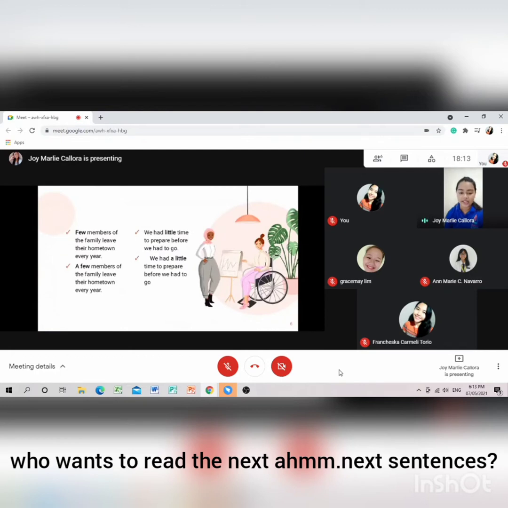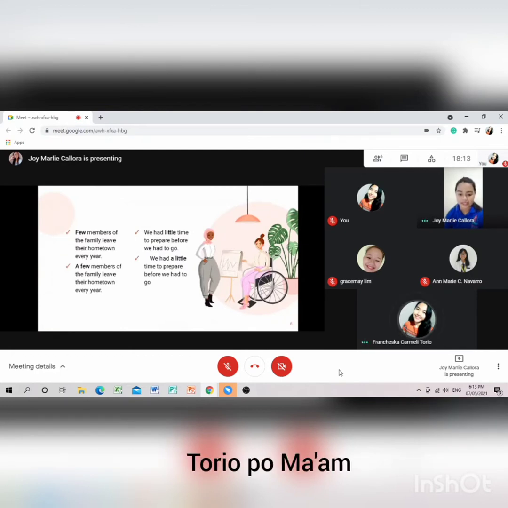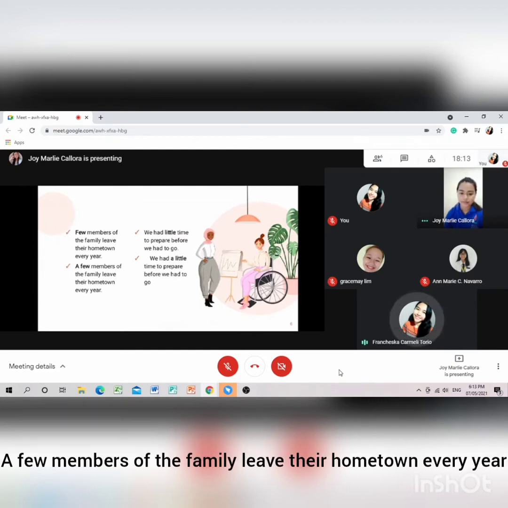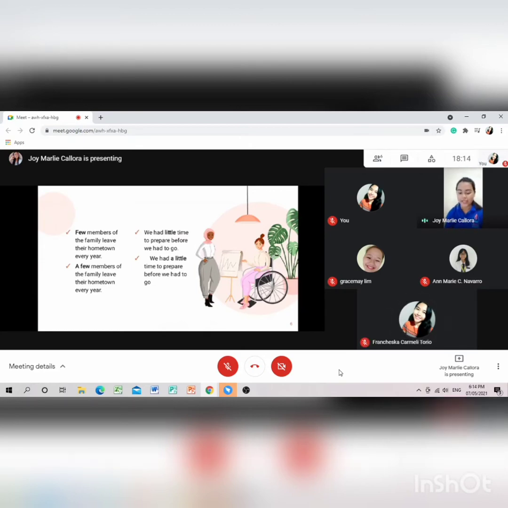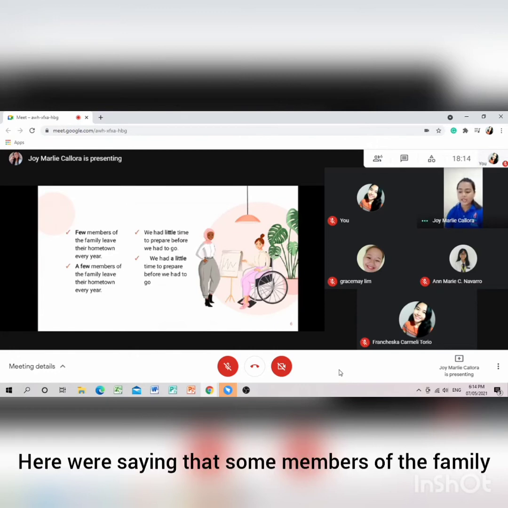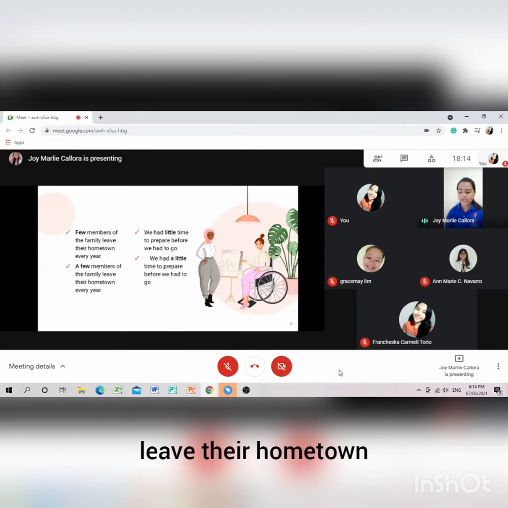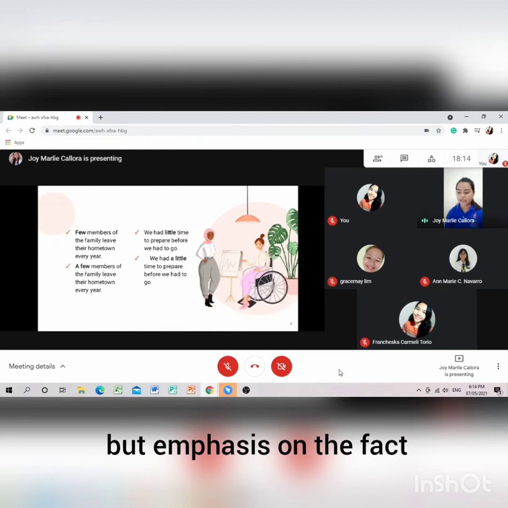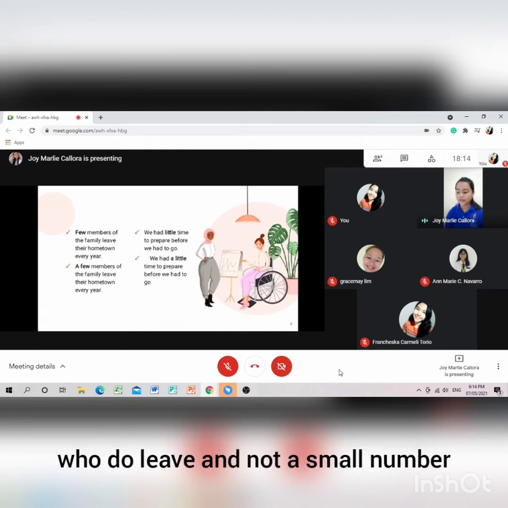Who wants to read the next sentence? A few members of the family leave their hometown every year. Thank you, Miss Torio. Now here we're saying that some members of the family leave their hometown. It's still not a lot of them, but the emphasis is on the fact that there are some who do leave, and not a small number.